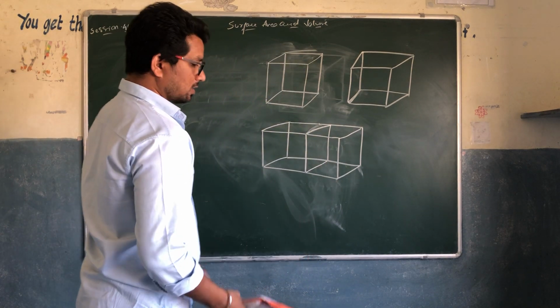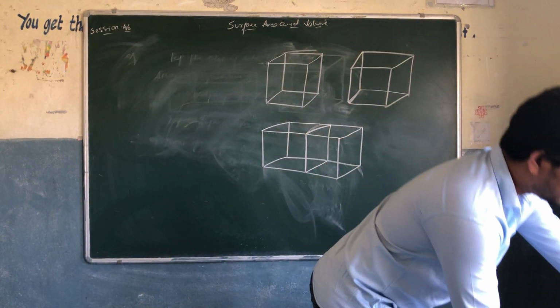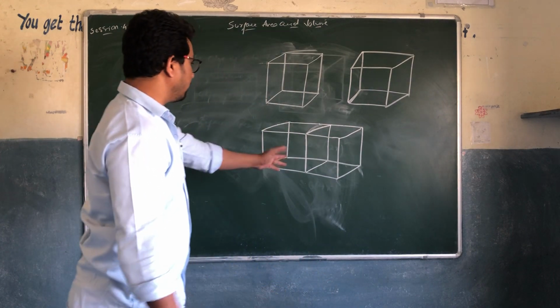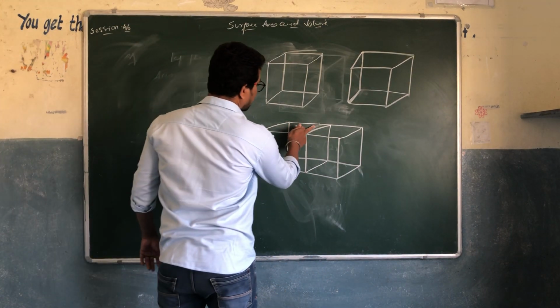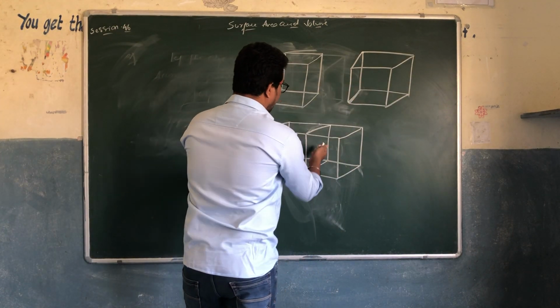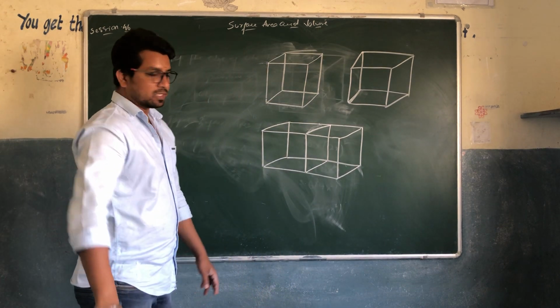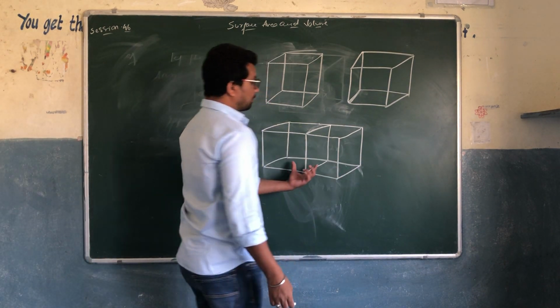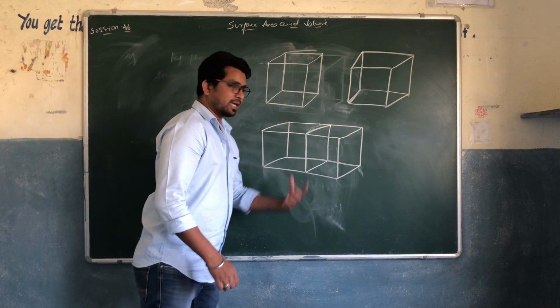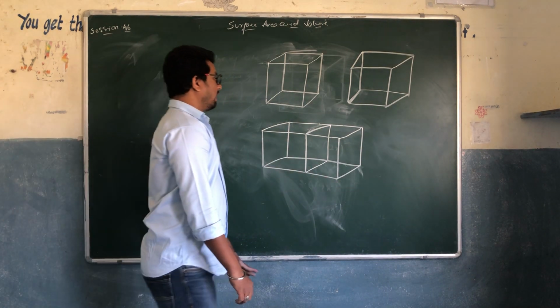Okay, this is how when two cubes join, the shape will be formed. This looks like a cuboid, right?